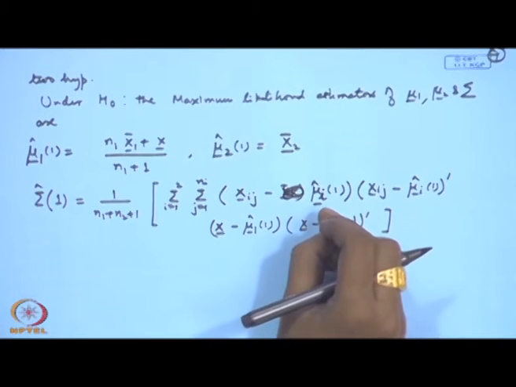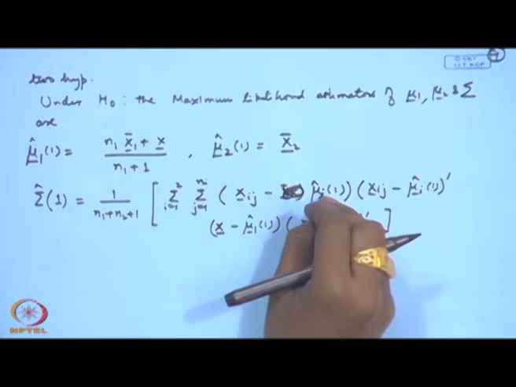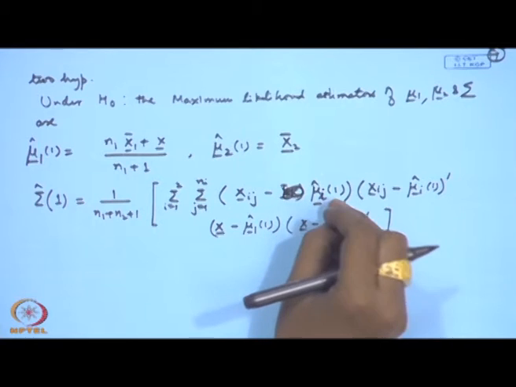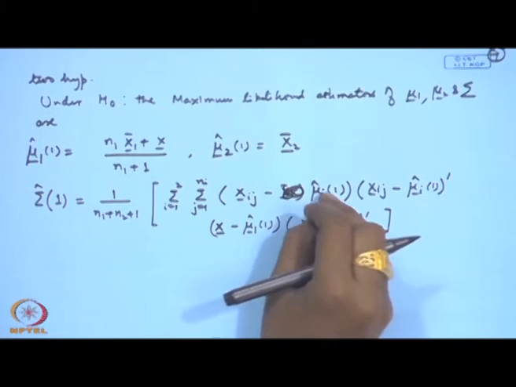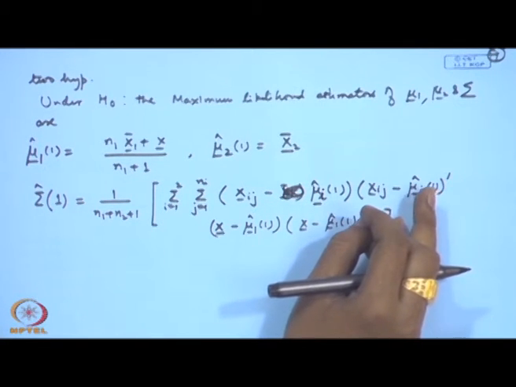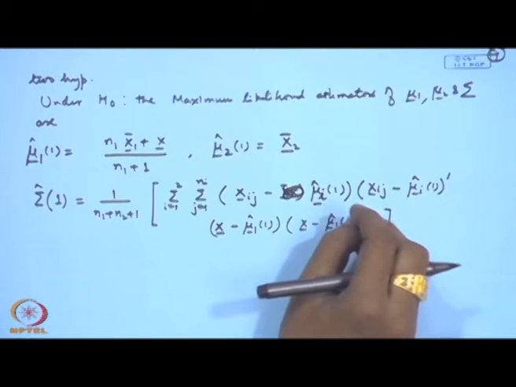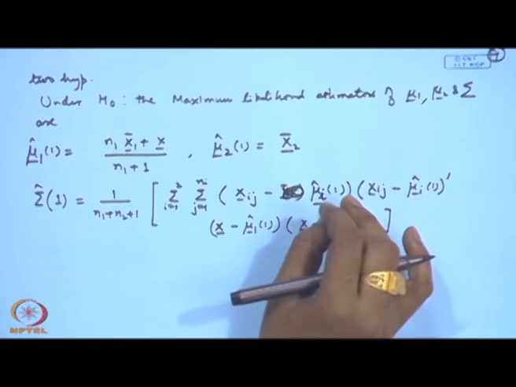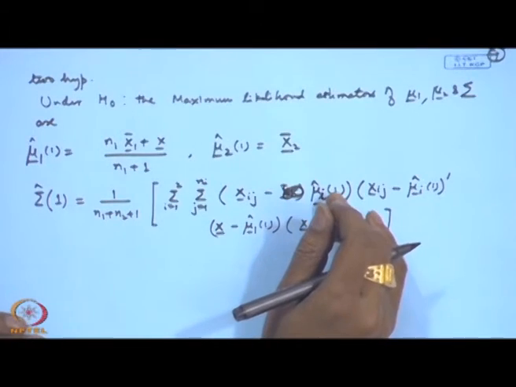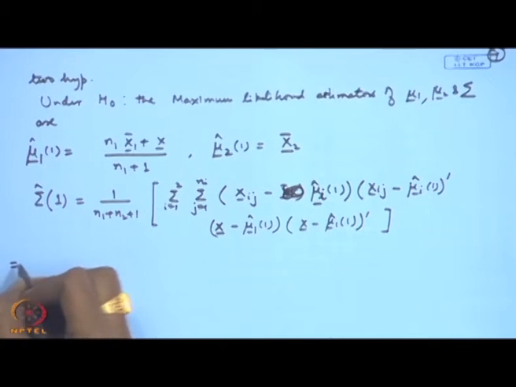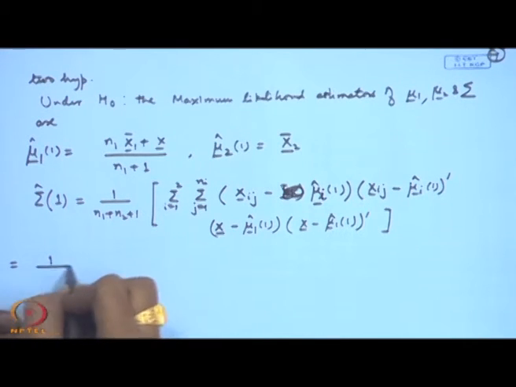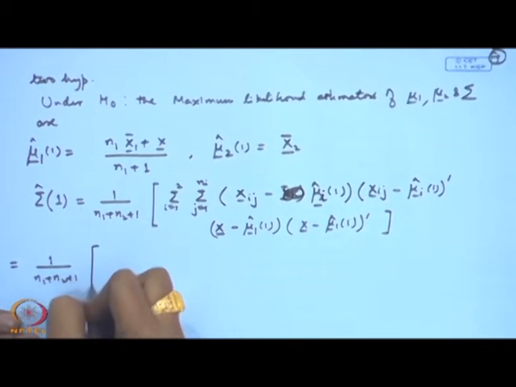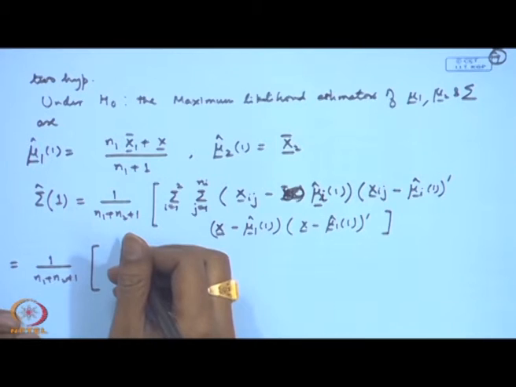If we want, we can substitute these values here. Basically, you can consider in the first case x 1 bar and in the second case x 2 bar, then there will be some simplification here, and the terms can be written like this. Let me express it here. This can be further written as 1 by (n 1 plus n 2 plus 1). Let me write it separately.